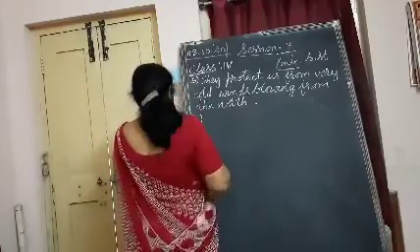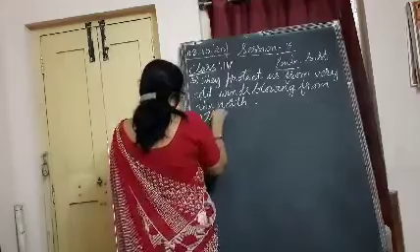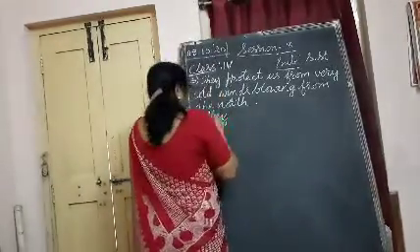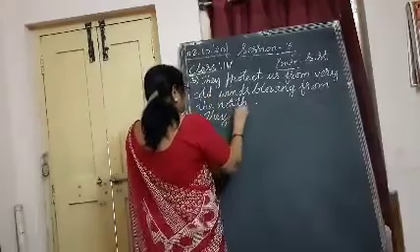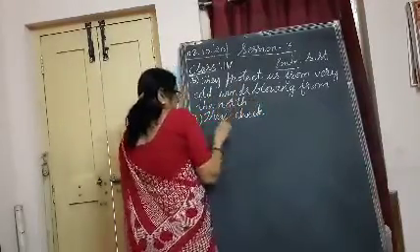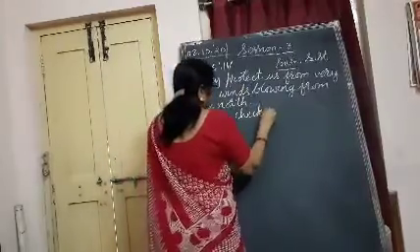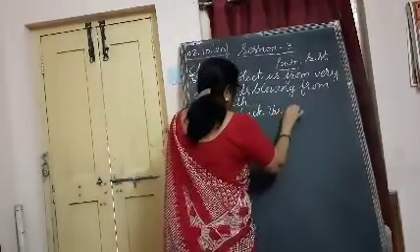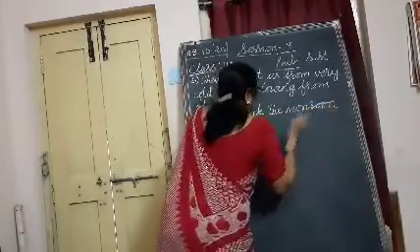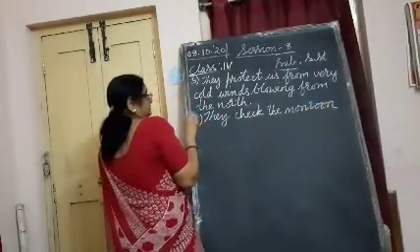They check the monsoons. What are monsoons? Rain bearing winds are monsoons. They check means stop. Check means stop. They check the monsoons. These are the rain bearing winds.